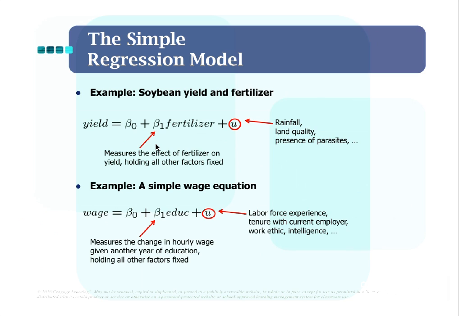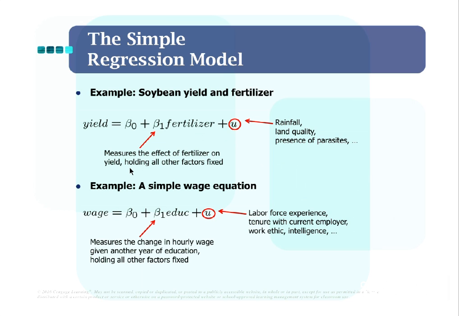So we have gone through these two examples. For the first one, in this regression model, beta 1 measures the effect of fertilizer on yield, under the condition that all other factors remain constant.